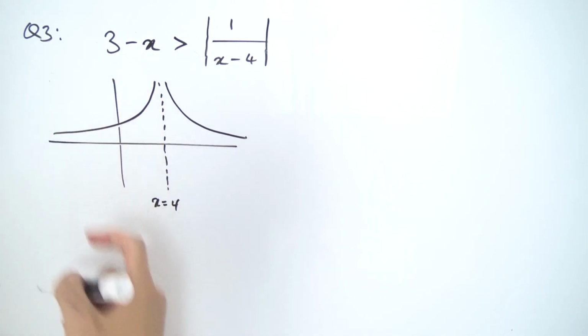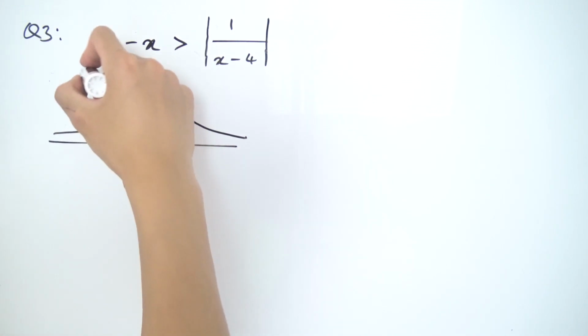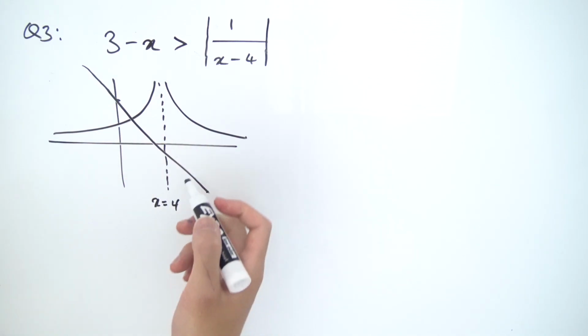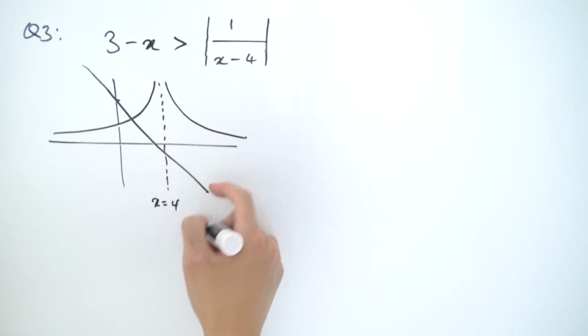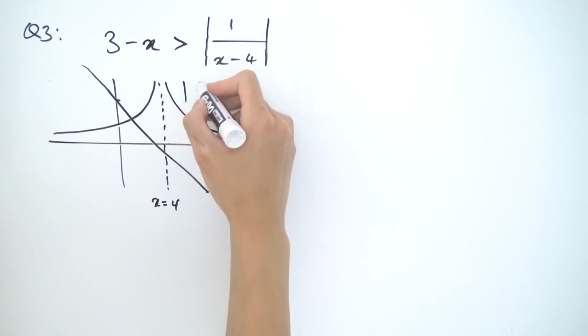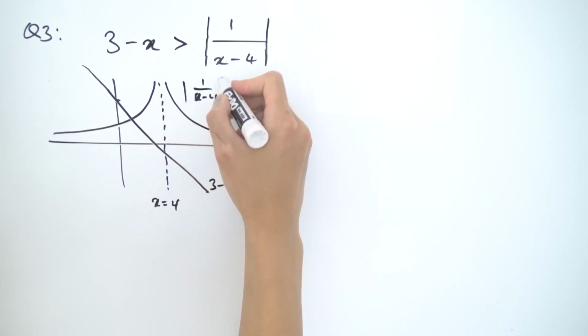And then we have 3 minus x. So we have a y-intercept at 3, and we have a slope of -1 going down like so. So we're asked to find where 3 minus x is greater than the absolute value of 1 over x minus 4, like so.